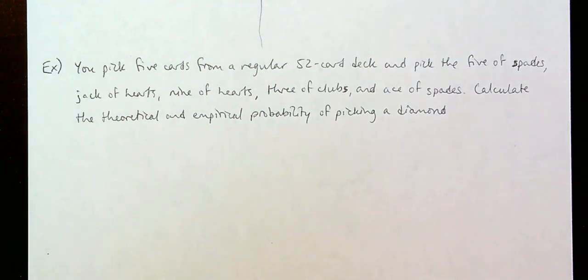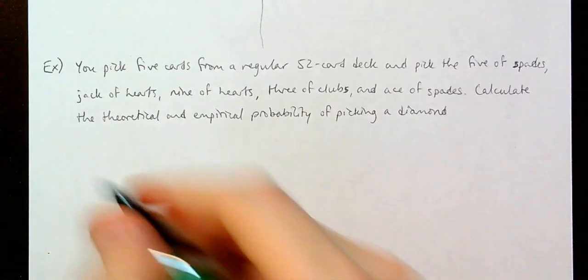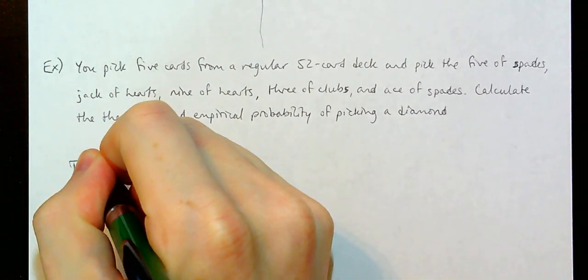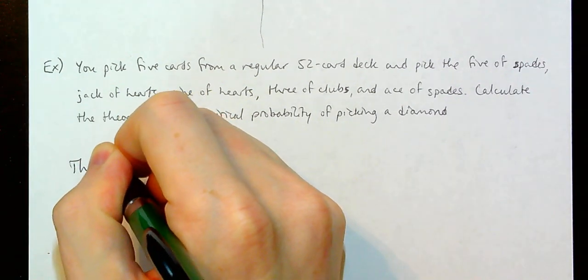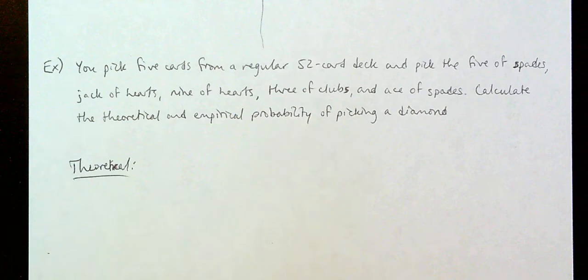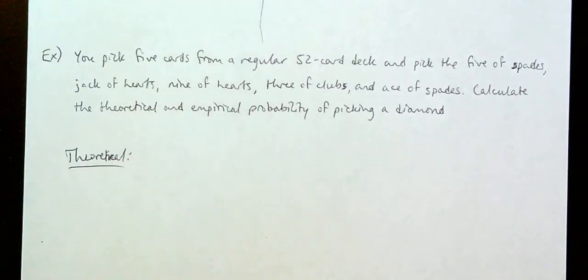Okay, so let's see if you came up with the correct answers. Theoretical probability. First up, theoretical probability, if we listed out the entire sample space, which in this case there's 52 cards, and we're not going to write out 52 numbers, but I think we can all sort of understand what the sample space would look like.